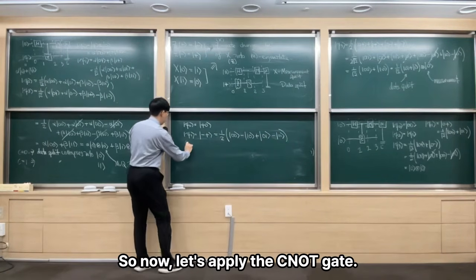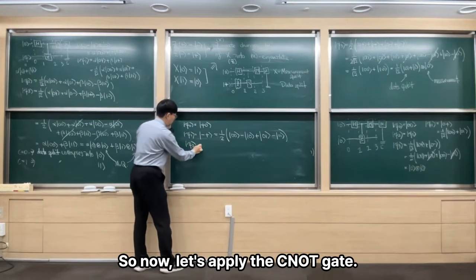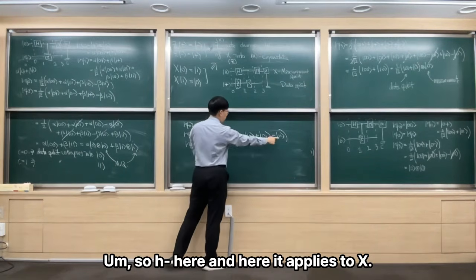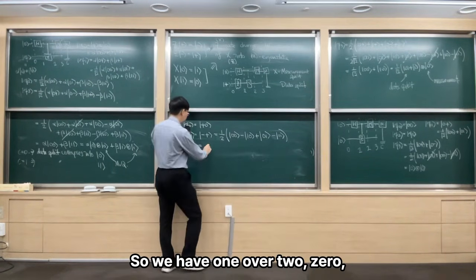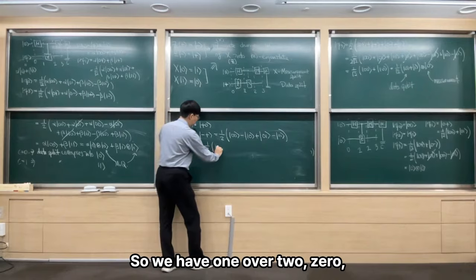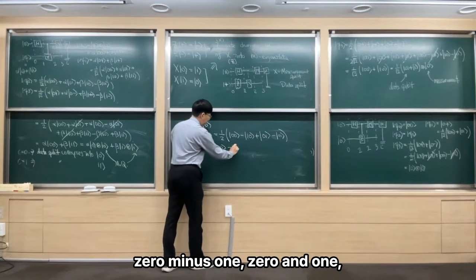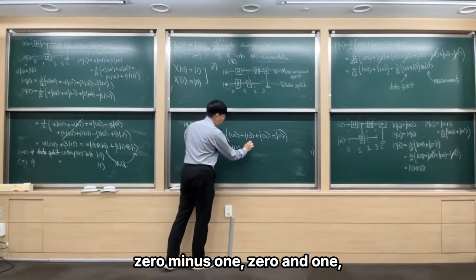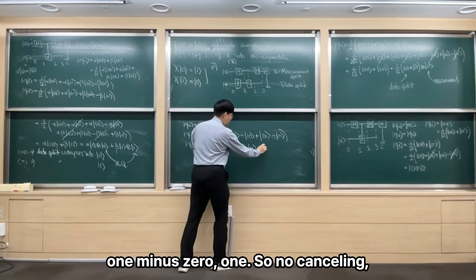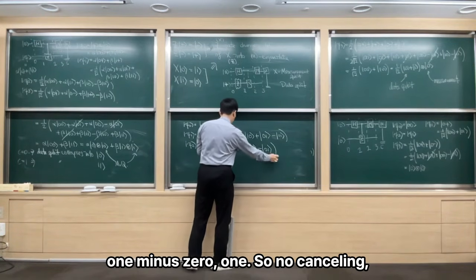So now let's apply the C-X gate. So here and here, it applies to X. So we have 1 over 2, 0, 0, minus 1, 0, and 1, 1, minus 0, 1.